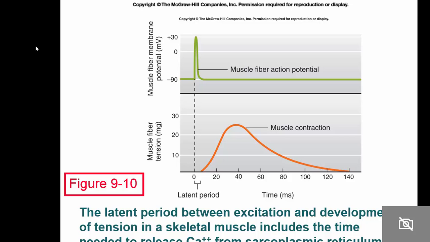That's why the isometric contraction latent period is shorter than that of the isotonic contraction. Does that make sense to everybody? That it's a function of the way we're doing the experiment. Because in one, you're just sensing when any motor units are firing.